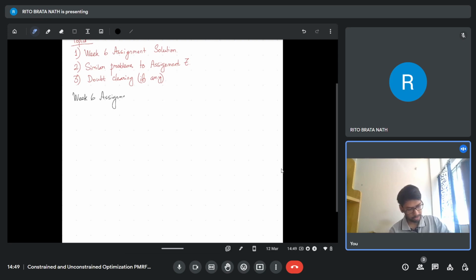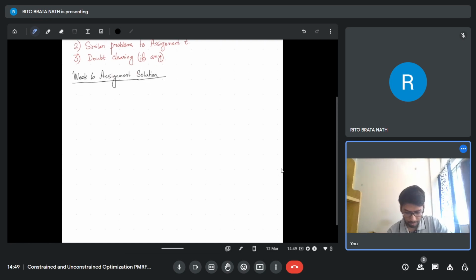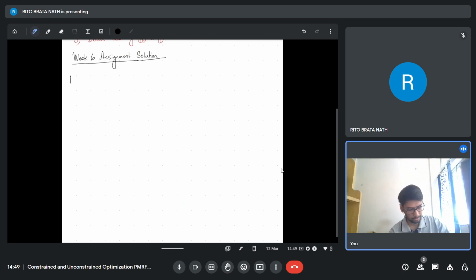Let me check what the first problem is. The first problem is the transportation problem converted into an LPP. So let me write down this is a transportation problem. What you have here is a bunch of origins and destinations.